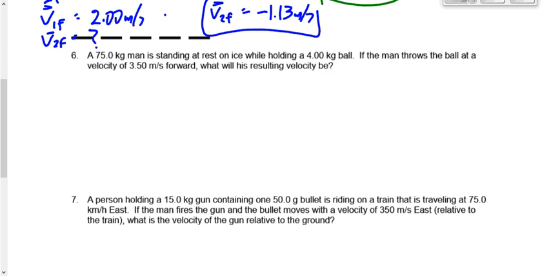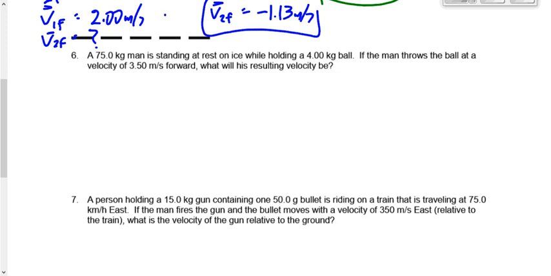Now, is the man going to go faster or slower or the same speed as the ball? Same speed? Should be the same speed, shouldn't it? Because if the man applies a force on the ball, the ball applies an equal and opposite force on the man. Shouldn't the man go at the same speed then? No, it is the same force, right? Equal and opposite force, but that force has a different effect on the man than it has on the ball.